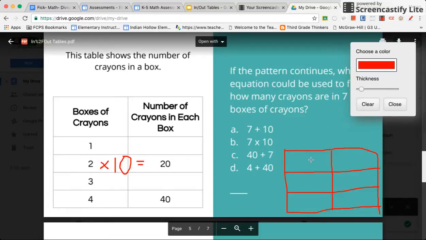and the number of crayons on this side. So since my table left off with 4, I'm going to go ahead and make 5, 6, and then we're trying to figure out what the equation would be to find the total number of crayons in 7 boxes.